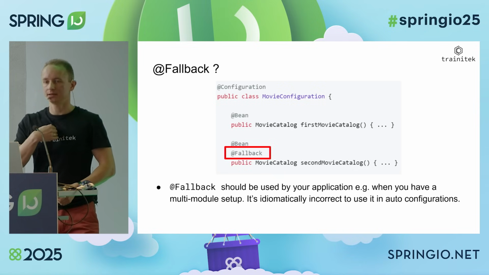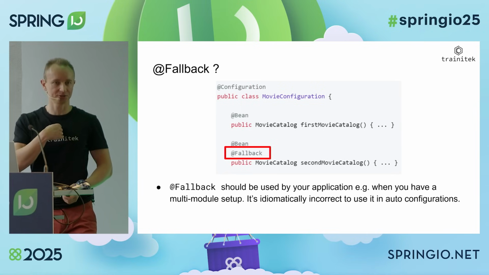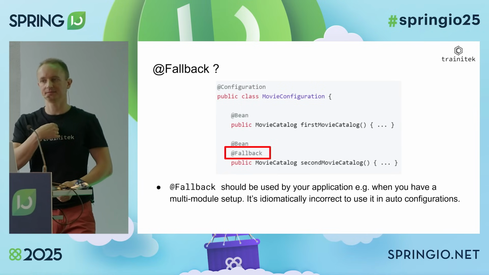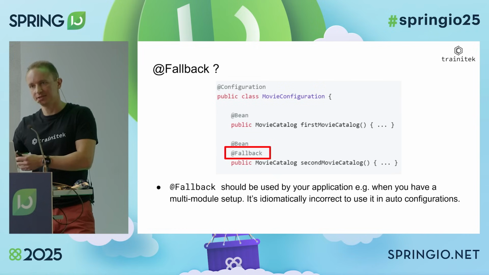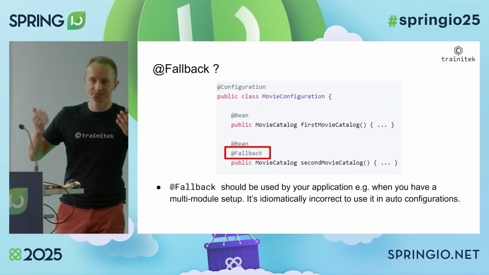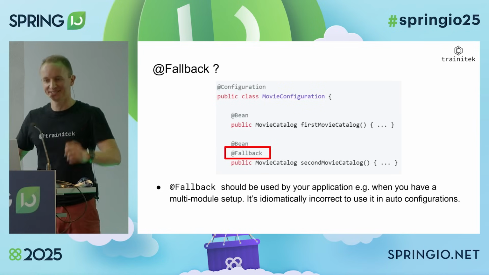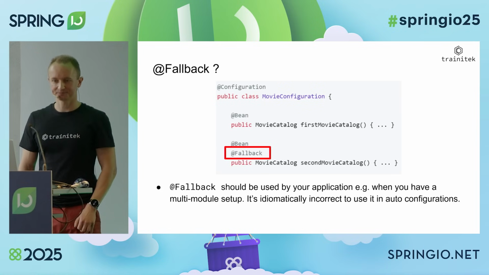In my case, I've never had the need for the fallback annotation, but many people had. So if you have any ideas, maybe come to me after my talk and explain why you need it. I don't know. I can live without it.